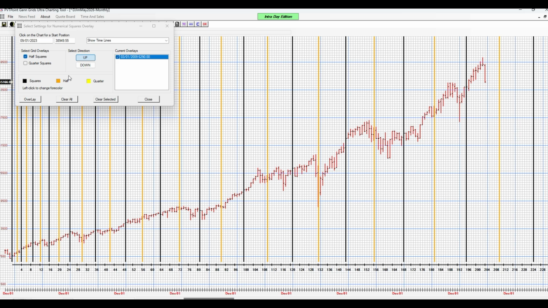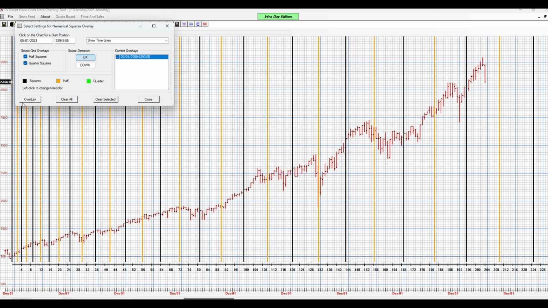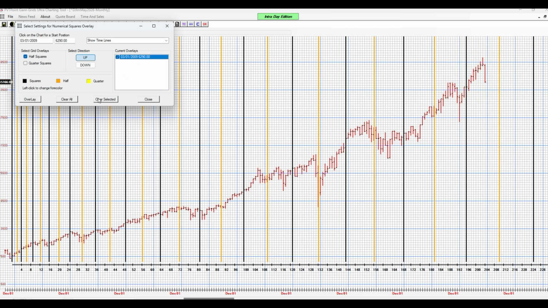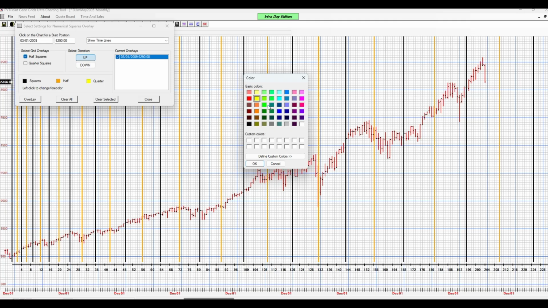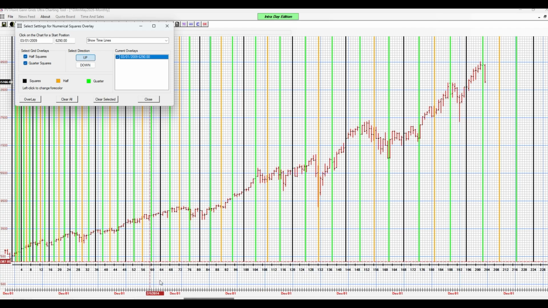Now, to show even more, we're going to click and highlight. We're going to change this to the color green, and we're going to highlight quarter squares. And there's a good chance that we're going to pick up quarter squares, and we're going to highlight here.